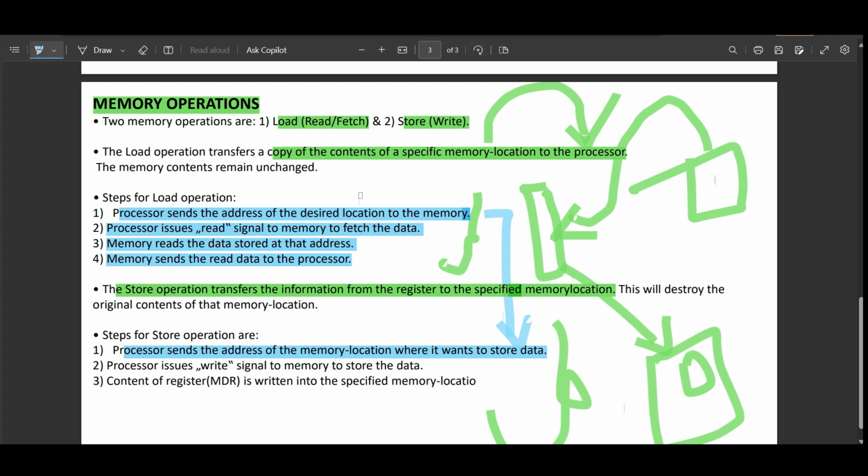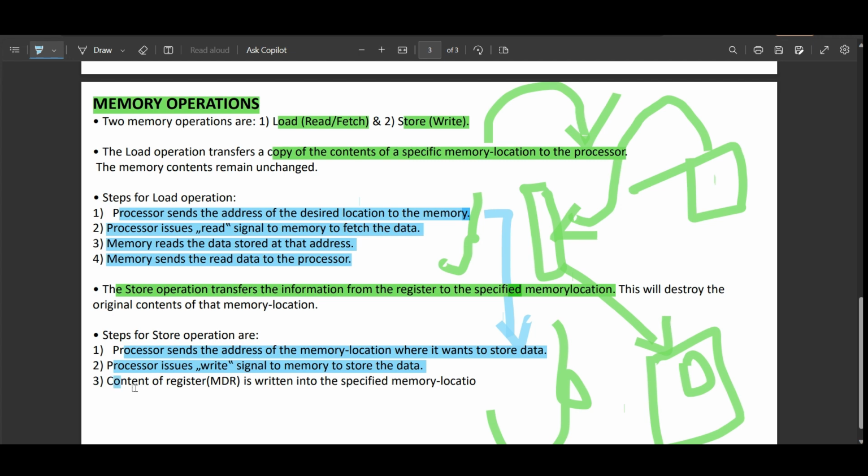In the previous load operation, it said I want the data, and in this store operation it will tell you to store the data, and the processor issues a write signal to the memory to store the data. Previously, it issued the read signal because it wanted to fetch the data. Here it wants to store the data, so it is issuing the write signal.